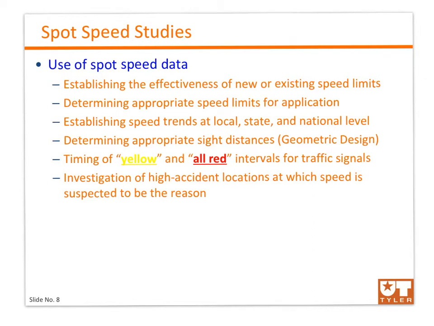Then we need to do a spot speed study there to know exactly if we really can increase or decrease the posted speed limit. It can also be for new structures, for a new transportation facility, a new road.